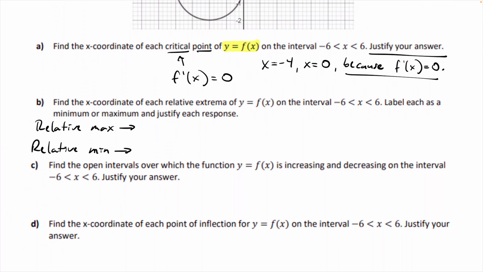So tell me about relative maximums and relative minimums. For example, if I wanted to find a relative maximum or a relative minimum for this example that I have on the board, what would you do?